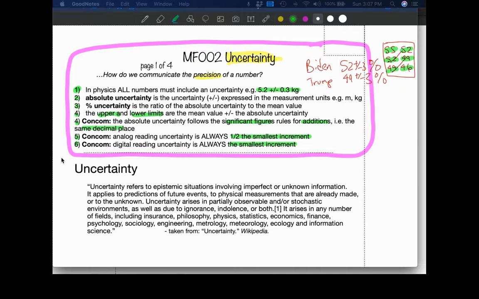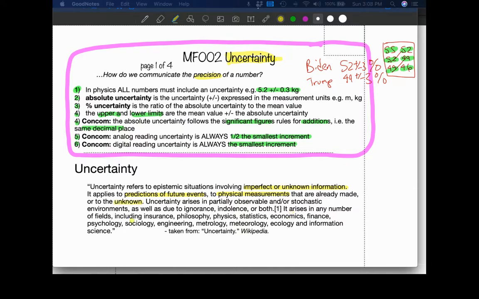So what is uncertainty? It involves situations involving imperfect or unknown information, like the polling information, the example I gave you above. It applies to all kinds of things: predictions of future events, like an election, physical measurements that have already been made, or the unknown.